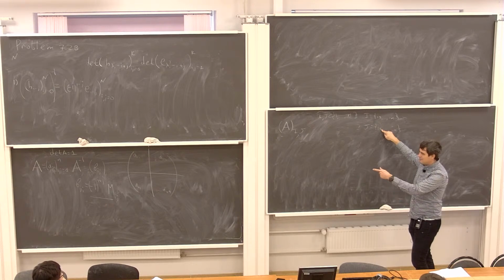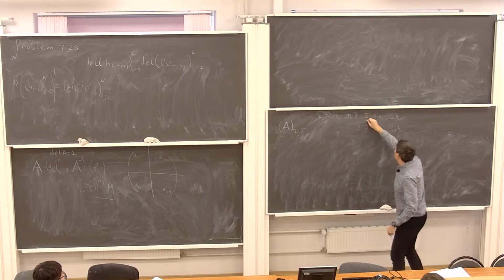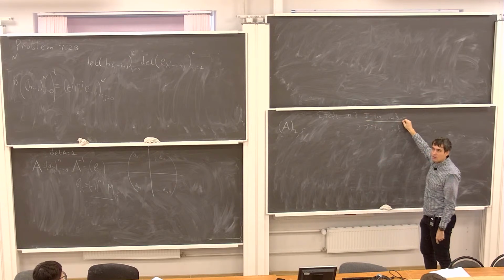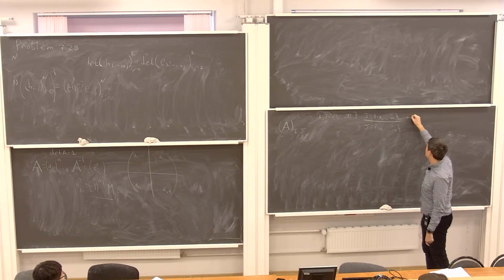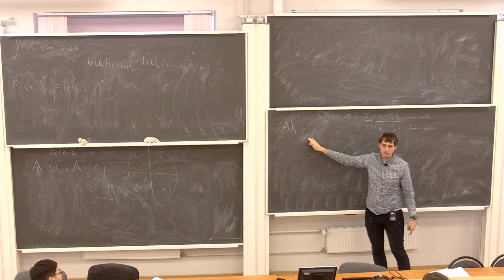Maybe it's slightly different from here, but let me use this. You pick rows with these numbers, and here column numbers. And you get the minor which corresponds to I and J.